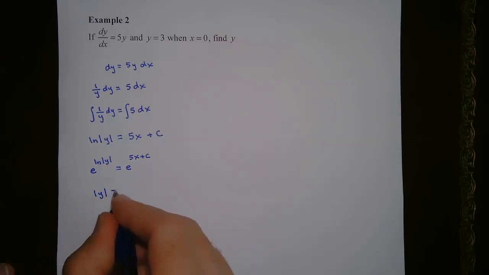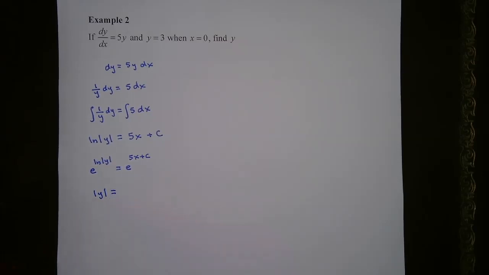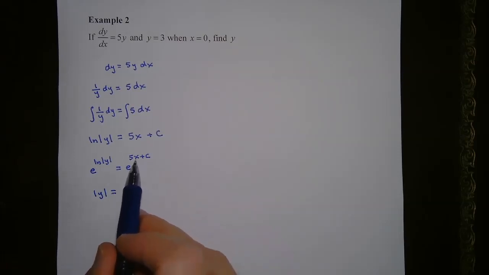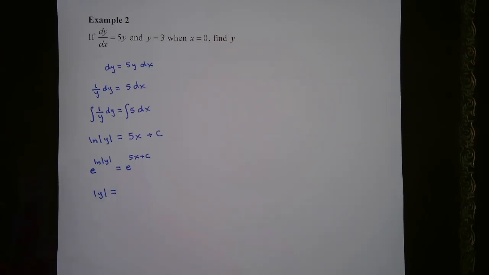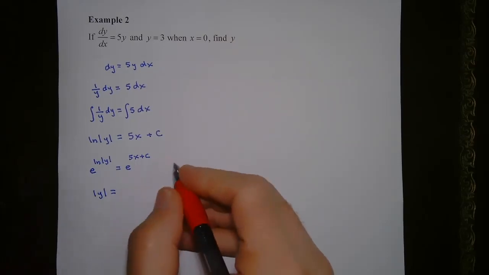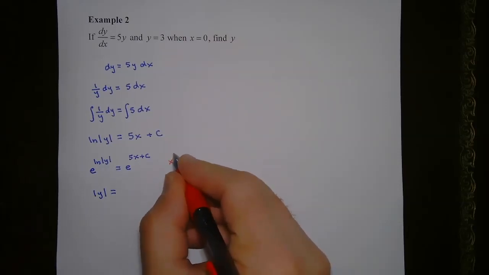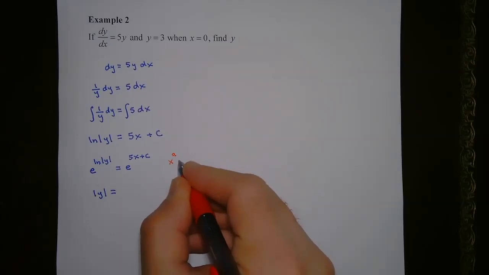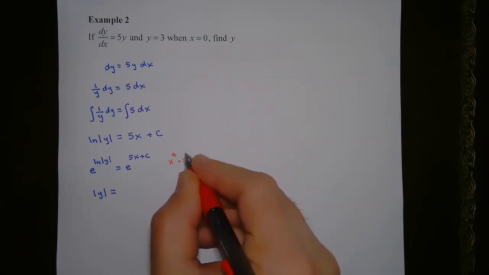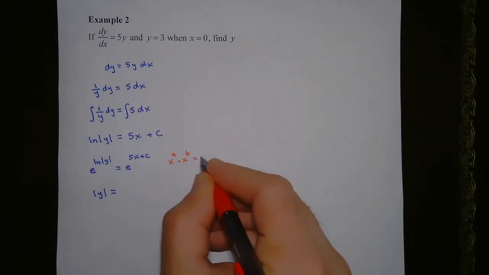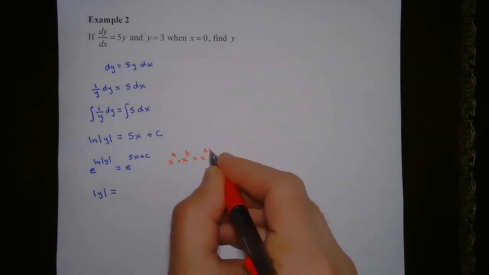y is equal to, okay, now, this can be rewritten, okay? So when do you add these exponents, all right? So if you have something like this, x to the a times x to the b, that would be x to the a plus b power, right?